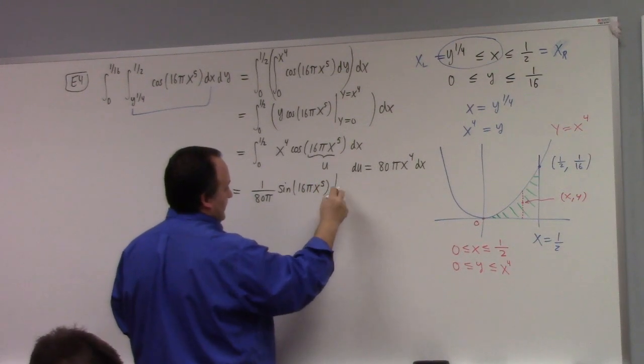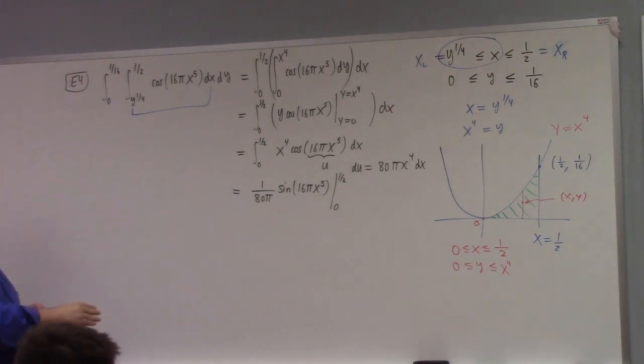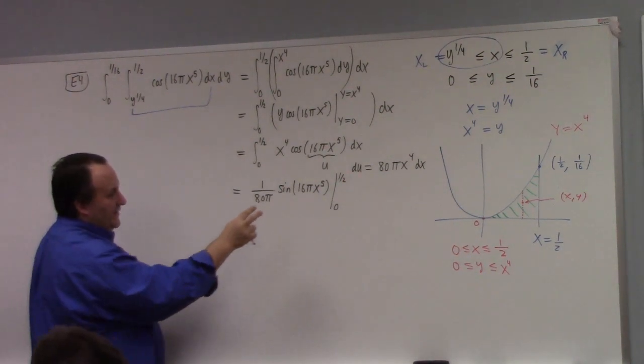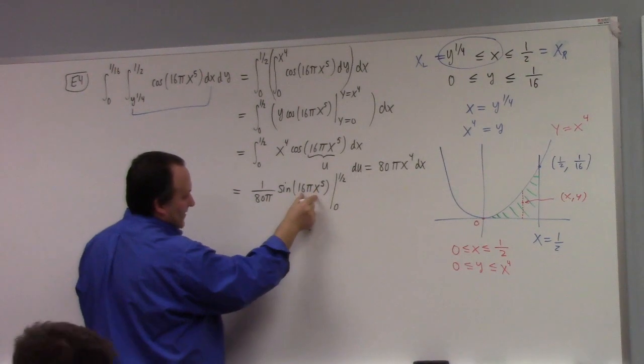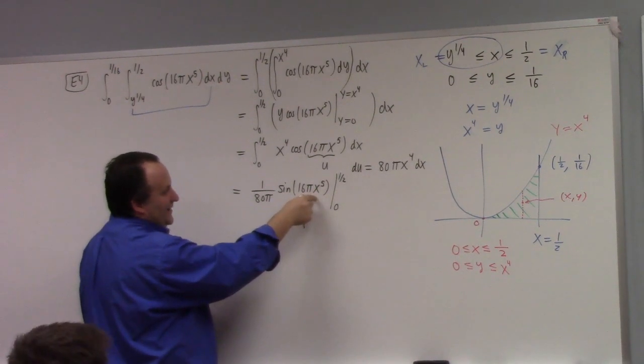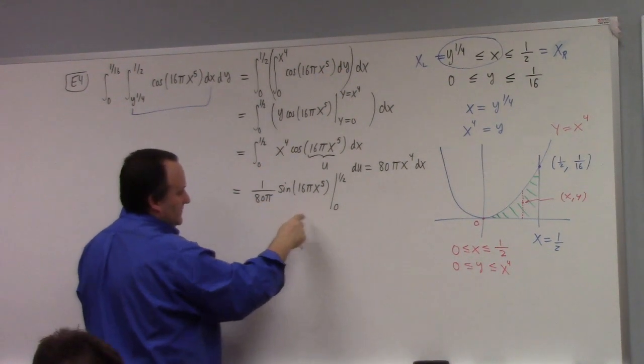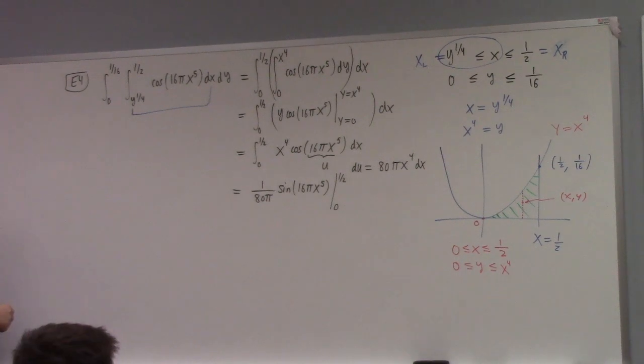And I have to evaluate that from 0 to 1/2, right? Now, if you doubt me, differentiate it. Derivative of sine is cosine, and then by the chain rule, I pull out a 5 times 16 pi x to the fourth, but that gives you an 80 pi x to the fourth, which cancels with this 80 pi, just leaving me x to the fourth. So that's the integral. But you need to change your bounds. I avoided that by just going straight to the antiderivative. But yeah, you could also change the bounds. I wanted to show both methods today, so I did.